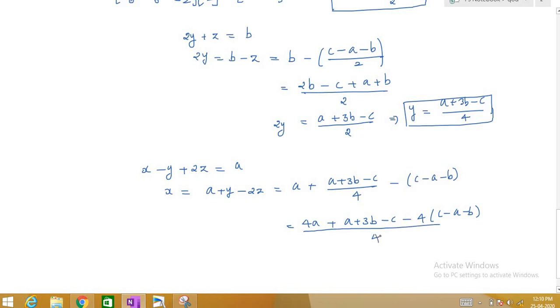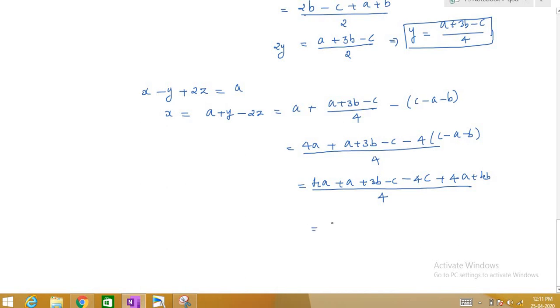I'm just taking the LCM as 4. So this will be 4a plus a plus 3b minus c, and this will be minus 4c plus 4a plus 4b by 4.